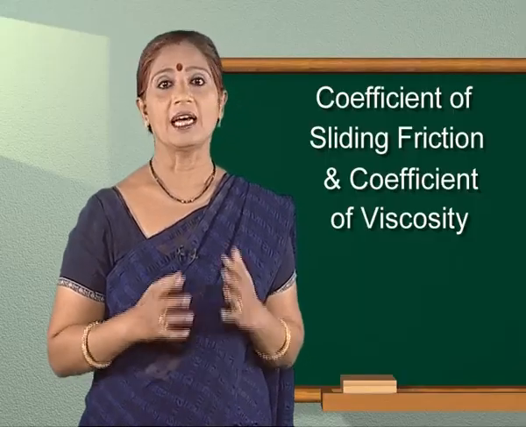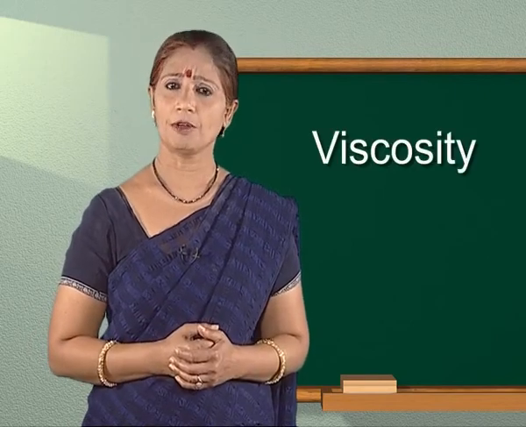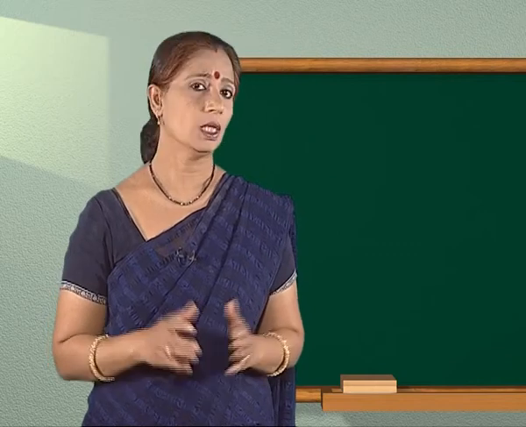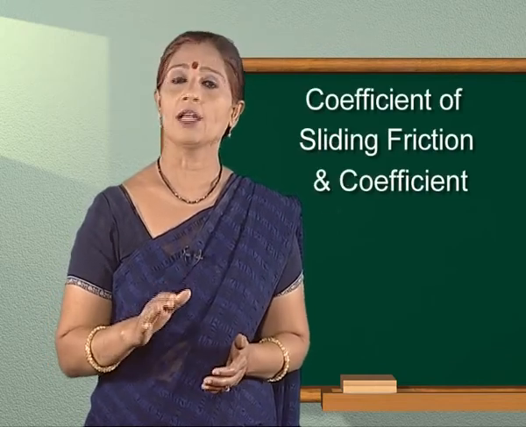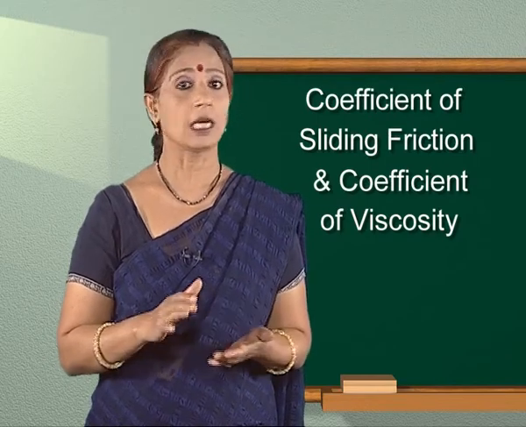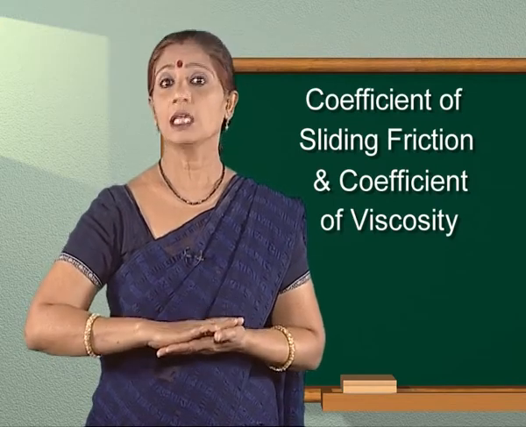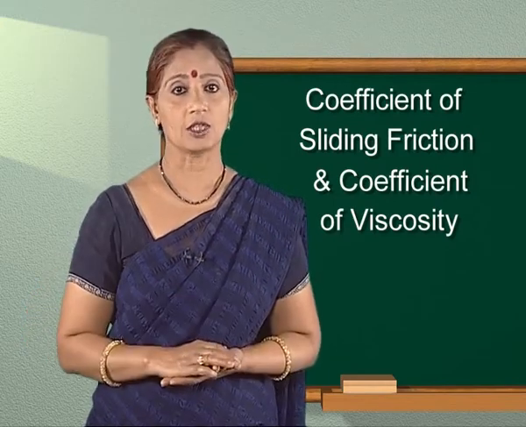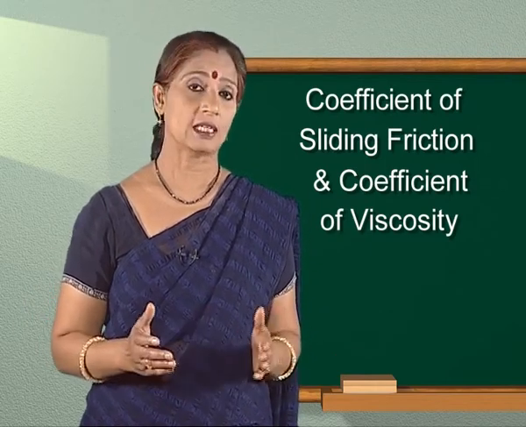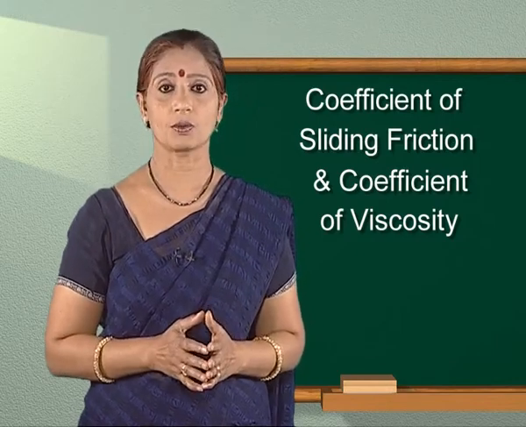Well, may I quickly brush up your knowledge about viscosity before teaching the details of the experiment. See, when a layer of a fluid slips or tends to slip on another layer in contact, the two layers exert tangential forces on each other. The directions are such that the relative motion between the layers is opposed.